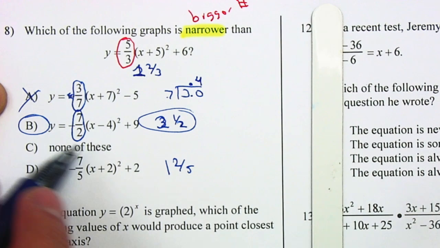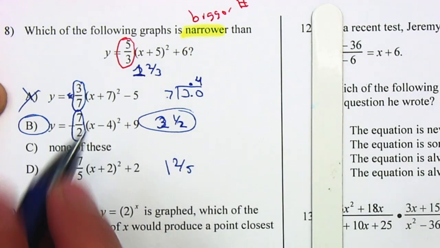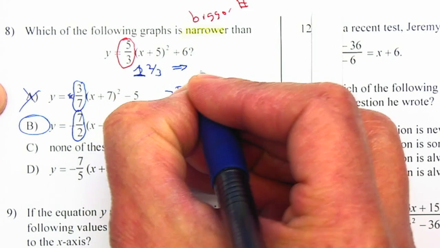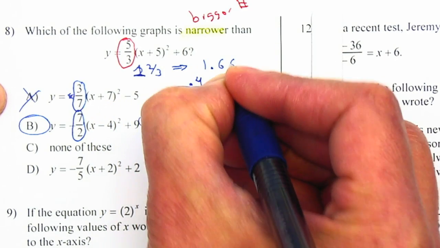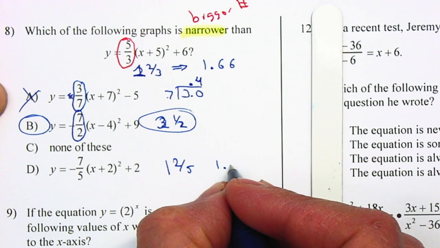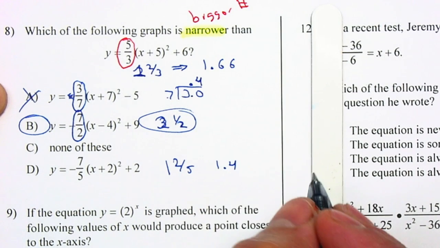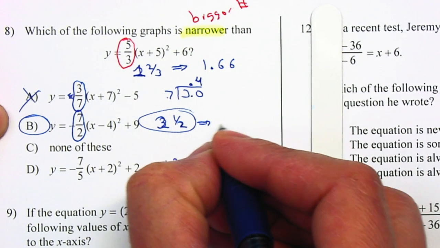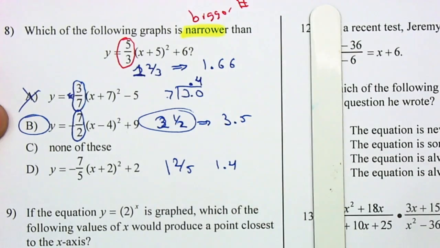If you cannot tell the difference, or if they're too close together, you can always make the long division. Many of us know that 2/3 is 0.6, so it'll be 1.66. 2/5, it will be 1.4. So the only one that's bigger is letter B, which is 3.5.